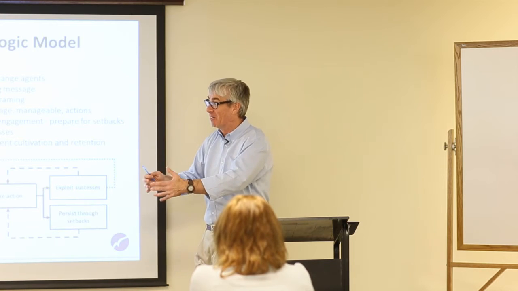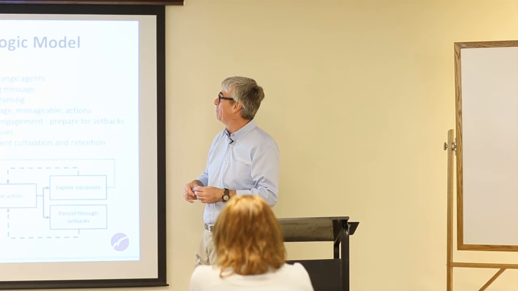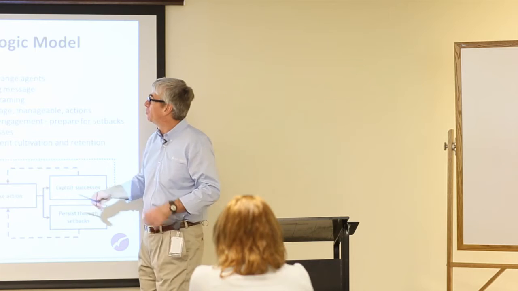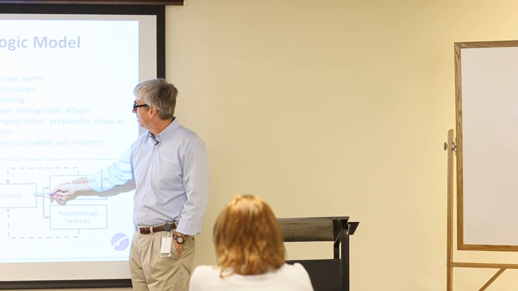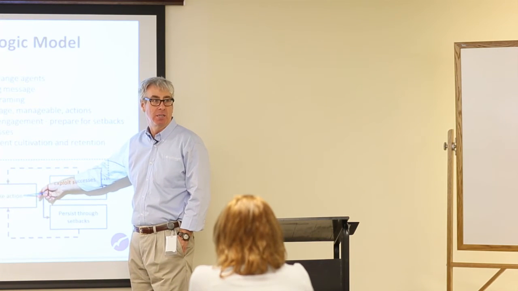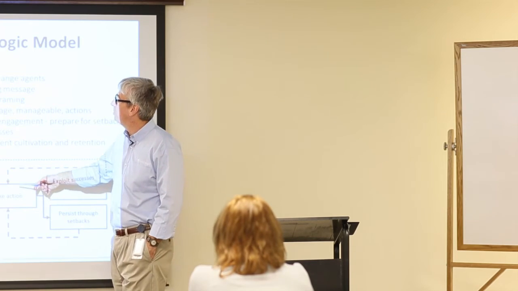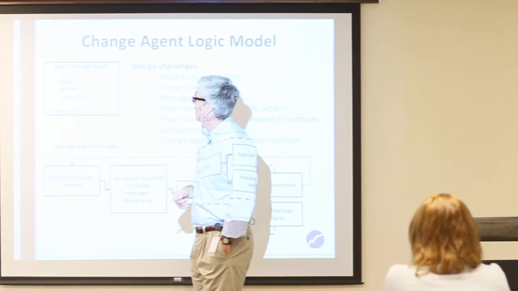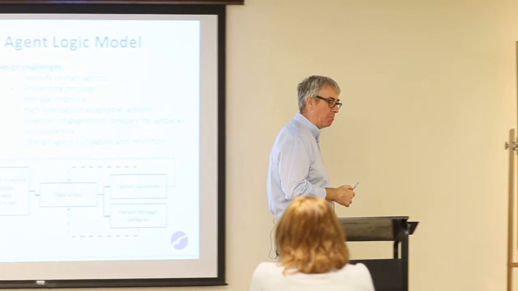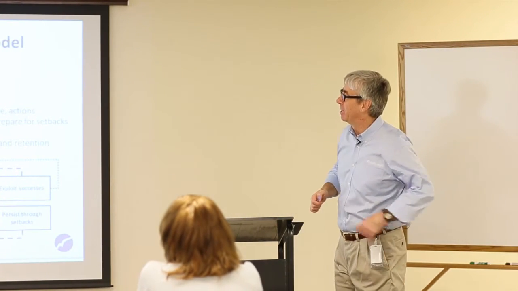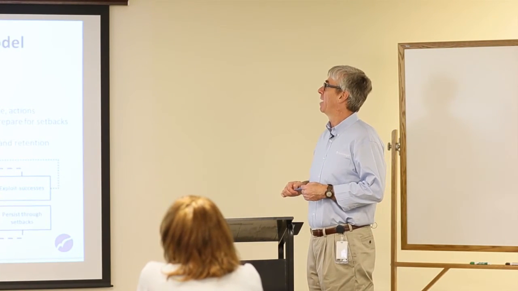What can we do together? It might not be the ideal. But in some sense, we've tied that idea of the change agent to an action. So a change agent has to have the means, the motive, and the opportunity to take some action.